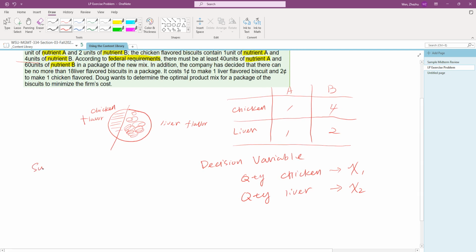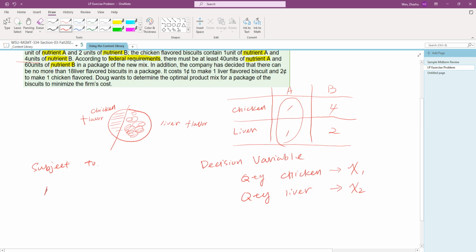So this is going to be our subject 2 part. It says it must be at least 40 units of nutrient A and 60 units of nutrient B in the package level. So for nutrient A, these two are determinants of your nutrient A quantity, right?